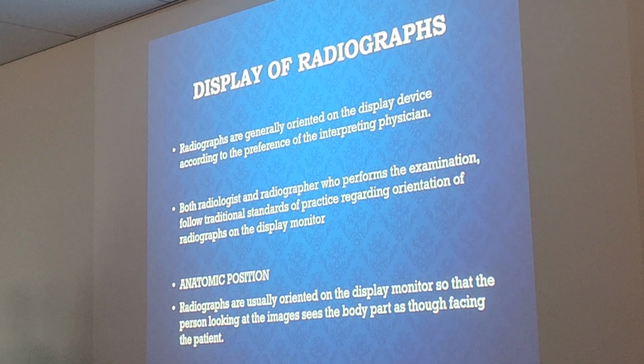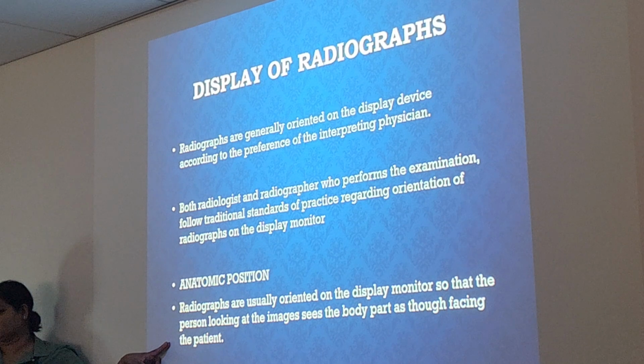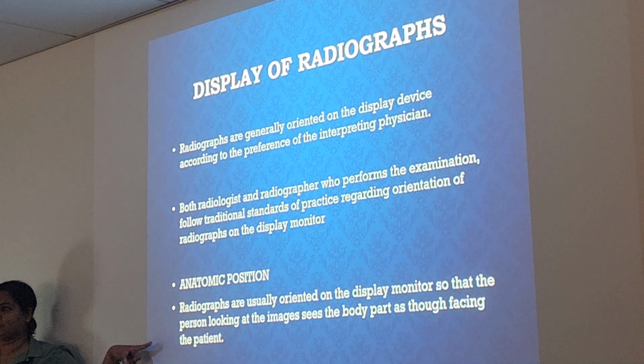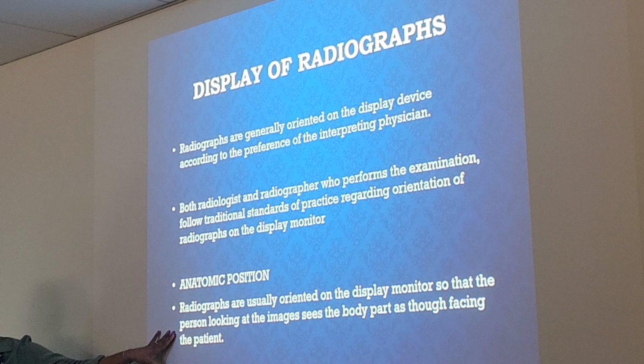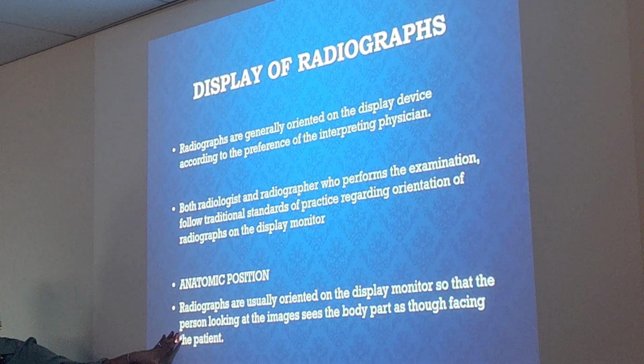Let's see. Anatomic position. So radiographs are usually oriented on the display monitor so that the person looking at the images, who is us, sees the body part as though facing the patient. Does that make sense? So general rule of thumb, when we look at x-rays, they're usually oriented on our display monitor so that the person looking at the images, it can be us, it can be the radiologist, we're going to see the body part as though we are looking at the patient.